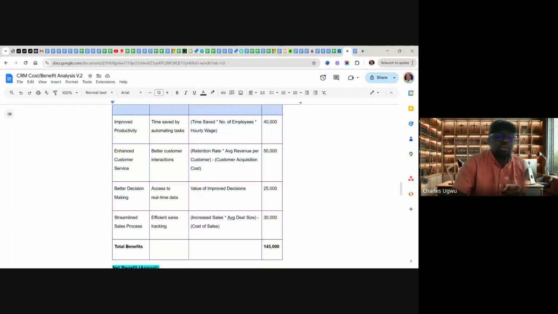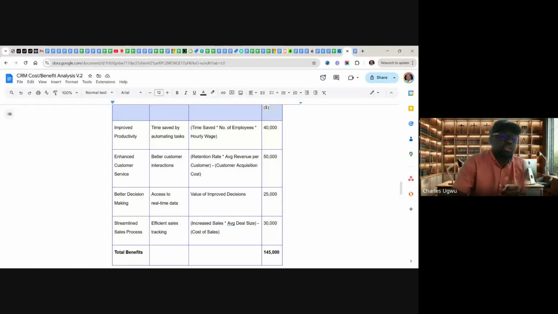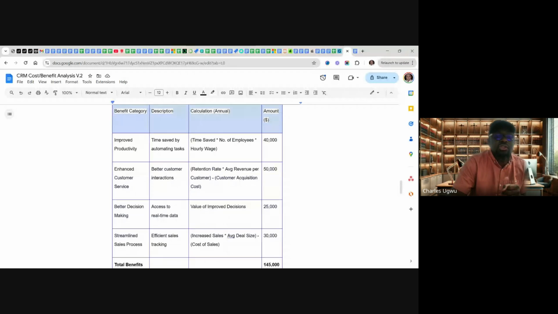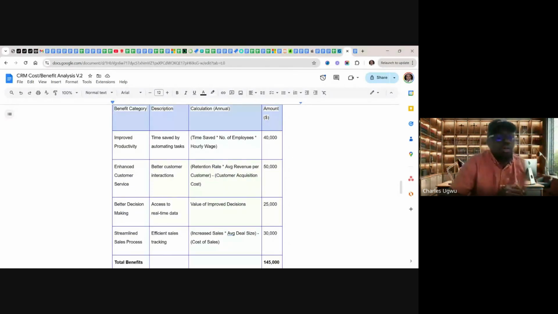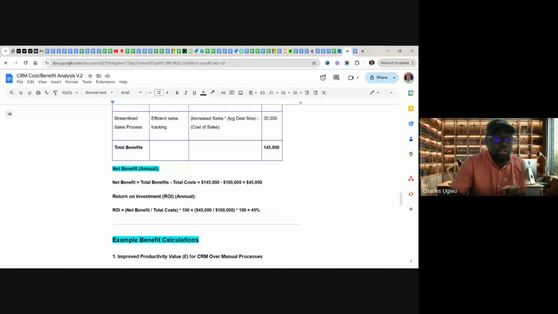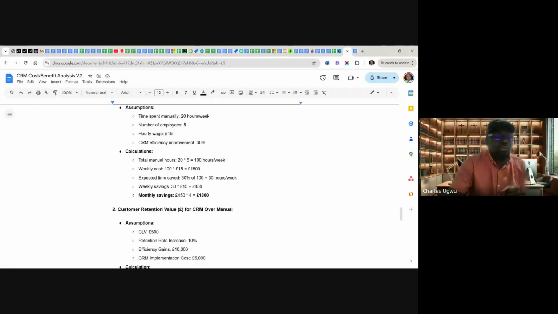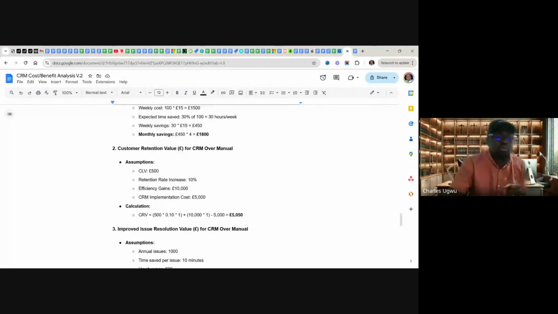Most of these benefits are still expected, because it's very difficult to attach a monetary value to this kind of benefit. So we are working on getting something tangible to justify any monetary value we are giving.